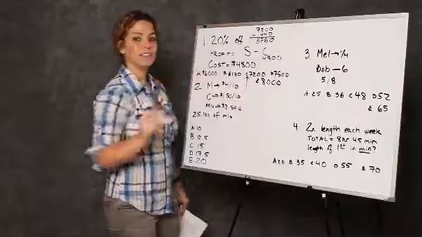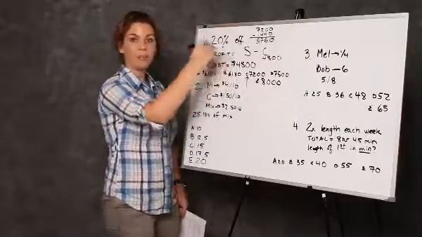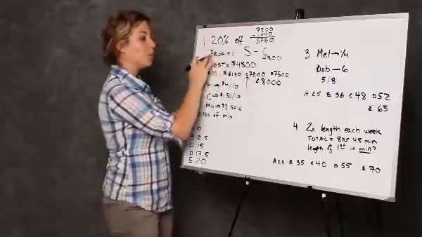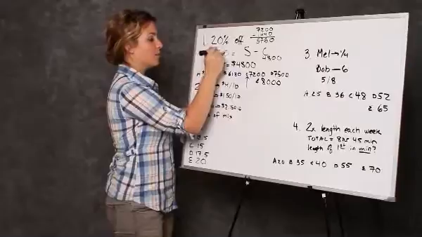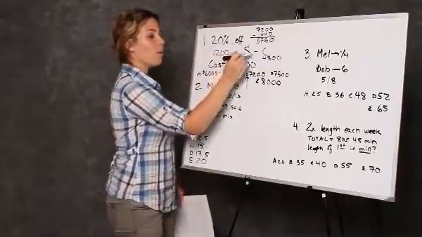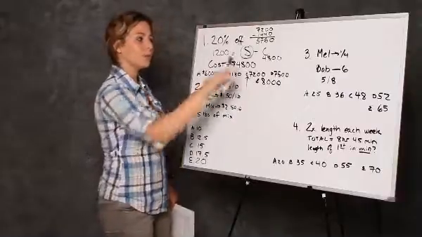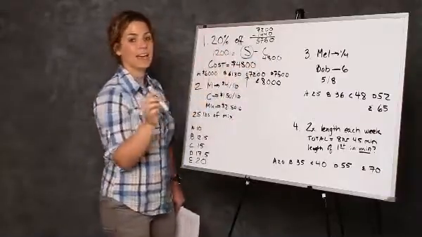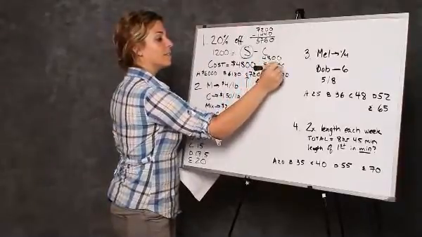So if our cost is $4,800, that means that our profit is 25% of $4,800, which is $1,200. So if we want to know what the actual dealer sold it for, we're just going to add 4,800 to this side, and that would be 6,000.